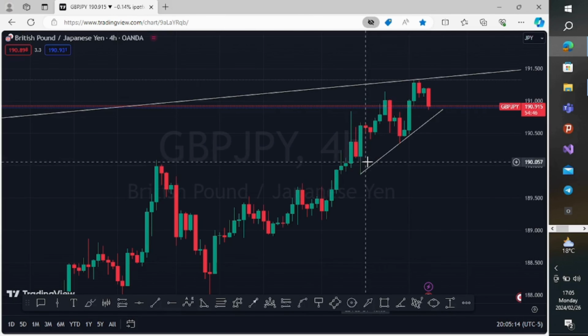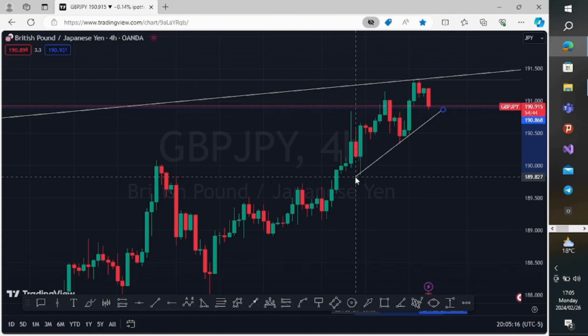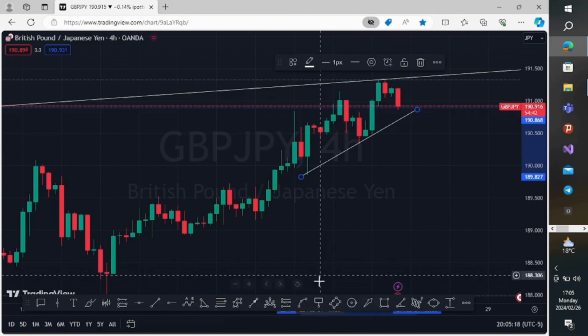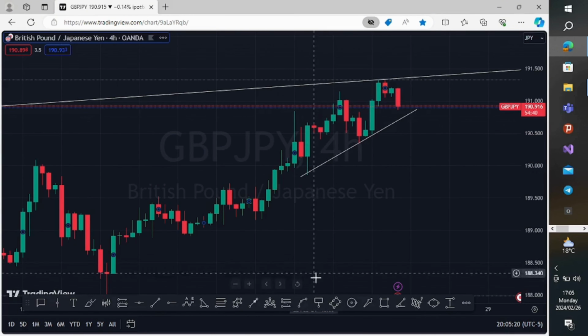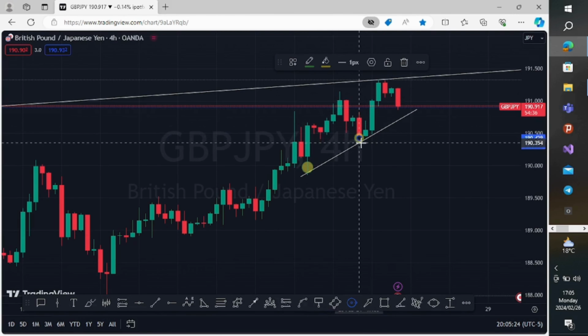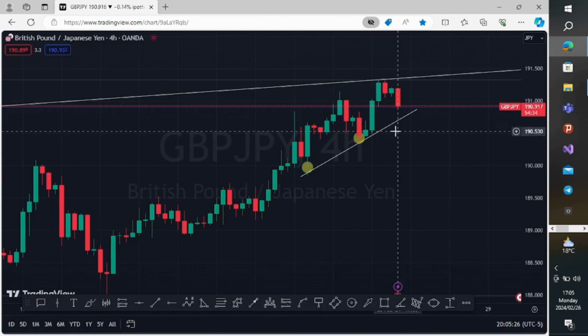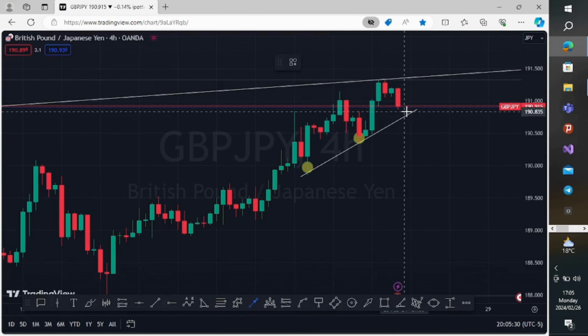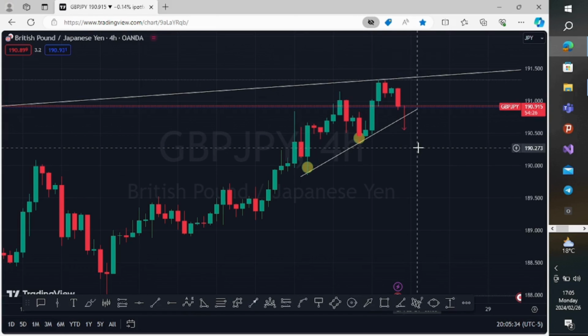So first of all, let's say I was still using random trend lines. This would become a weak and a strong low, making this support weak, so we knew that price was going to break below, right?